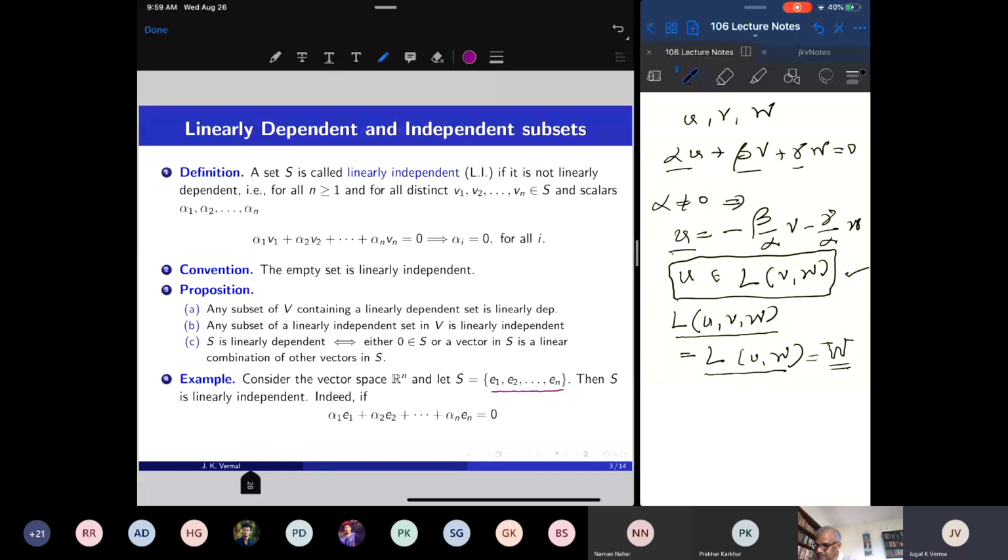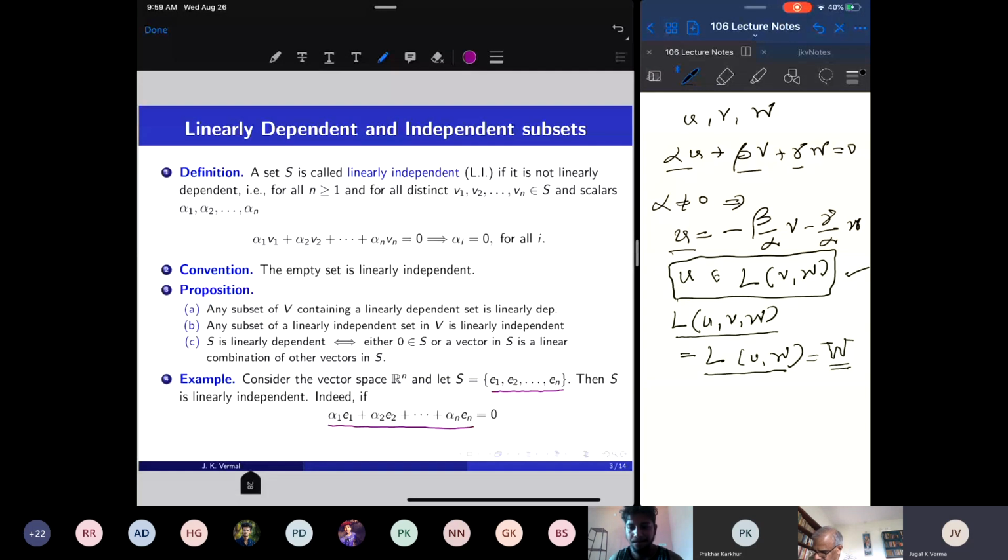Because of the structure of e1, e2, up to en, the linear combination is nothing but the column vector alpha 1, alpha 2, up to alpha n.